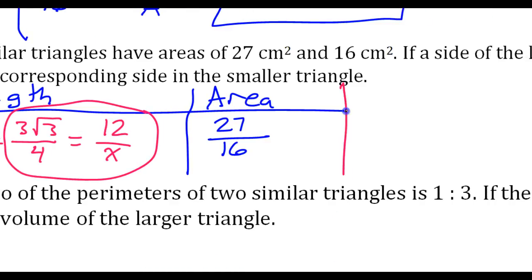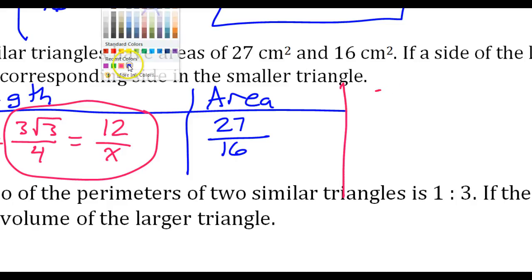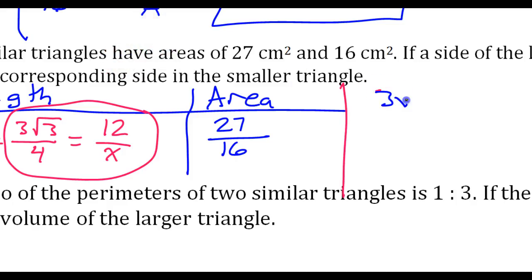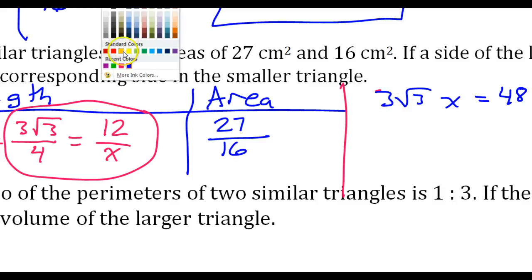So if I cross multiply this thing, I'm going to have 3 radical 3 x equals, now I'm doing 12 times 4, so that's 48. So how am I going to get x? Yeah, I'm just going to divide by 3 radical 3 on both sides.